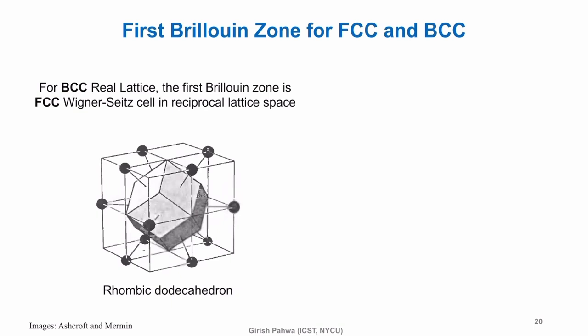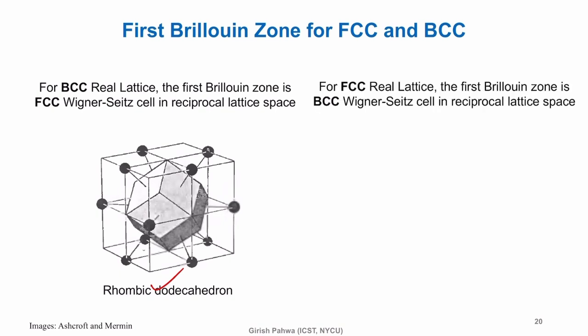For a BCC real lattice, FCC is the reciprocal lattice, and for FCC you can construct the Wigner-Seitz cell like this. We saw that in the last class, right? And for an FCC real lattice, for example silicon, the reciprocal space is BCC, and you construct this Wigner-Seitz cell.